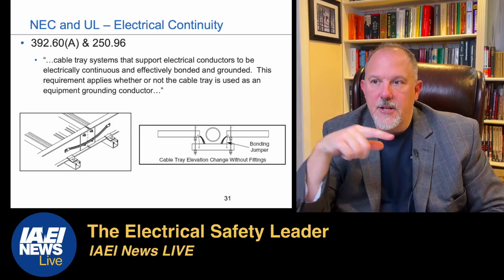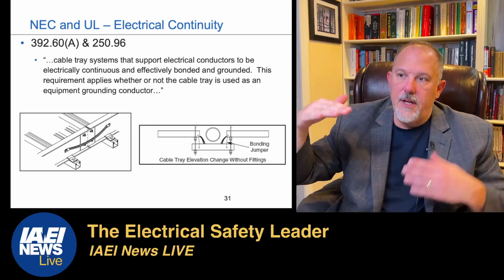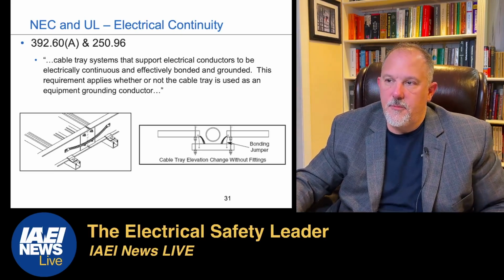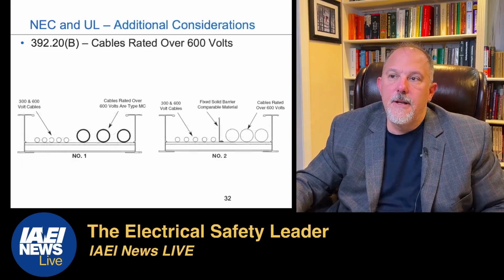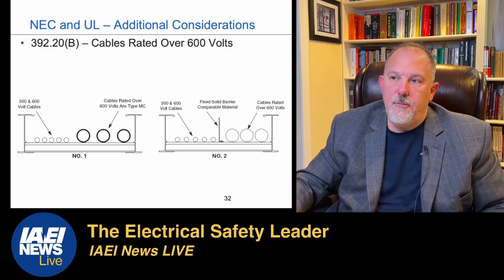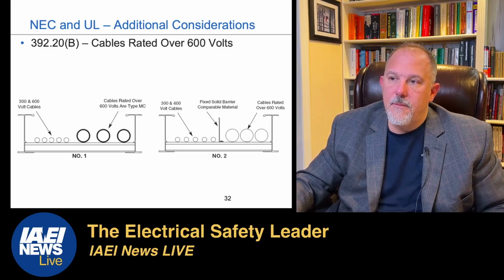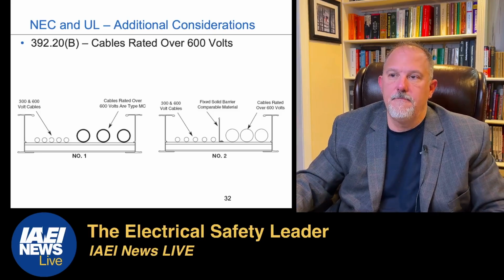You're going to put the conductor around that. And you look on the second one closest to me. This is when you're dumping into a trough. You're going to have to make sure you maintain the bonding jumpers in all the right locations. You may need to have a fixed solid barrier of comparable material to keep your different voltages separate from each other.